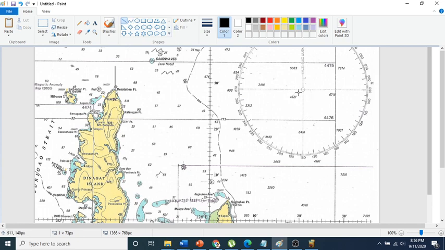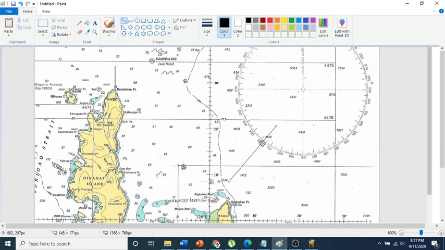We take the compass rose, measure 220 degrees. This is Subuyan Point after 2 hours.